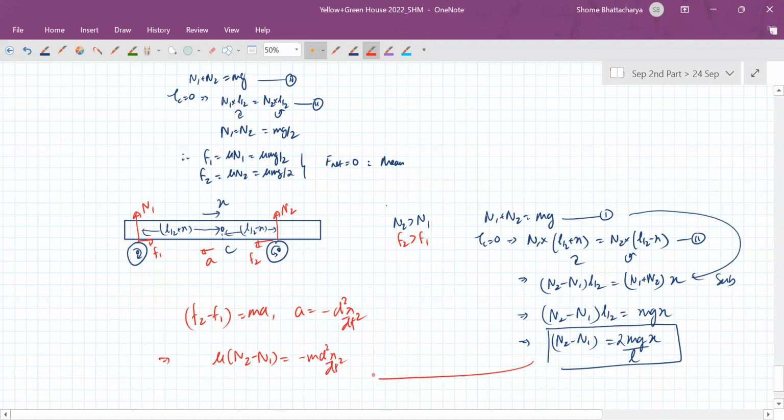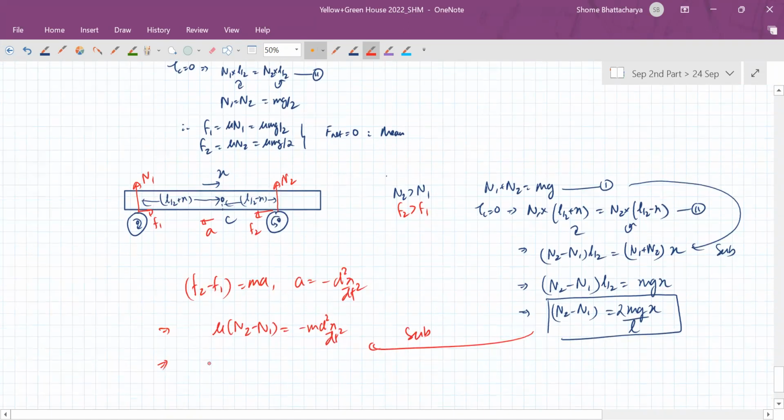Okay, so now substitute this. So our SHM equation is here.